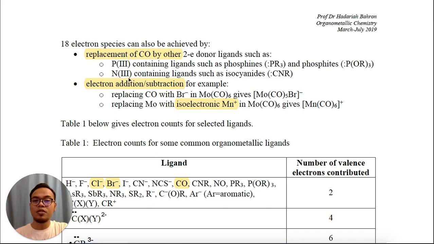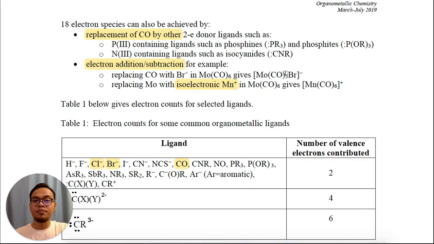Or for nitrogen-based ligands like isocyanides, this ligand also will give you 2 electrons. Okay, if you replace your carbonyl with other 2 electron donor ligands, you're going to get 18 electron species.